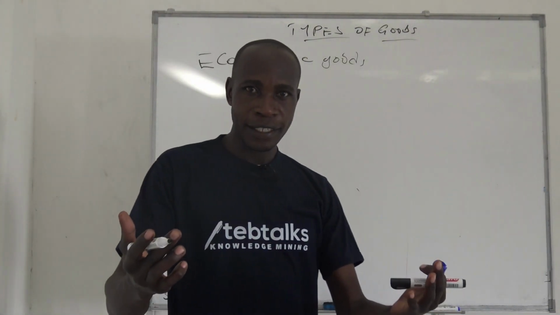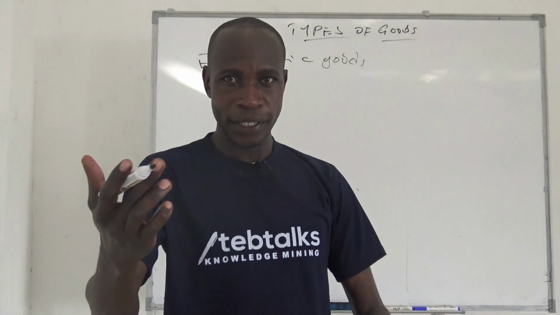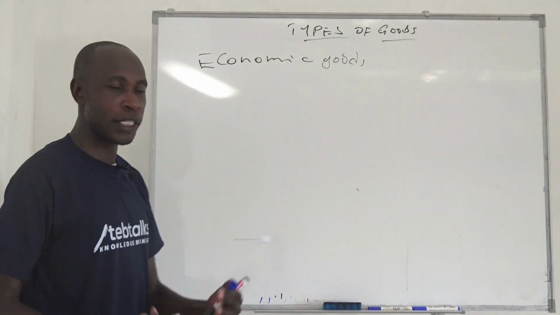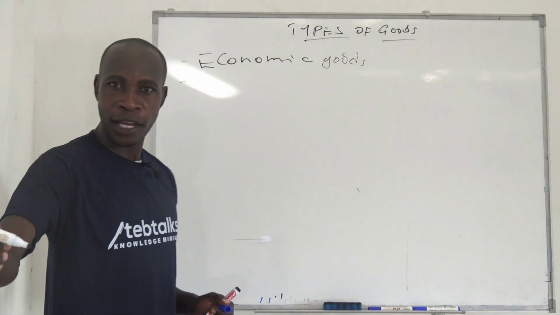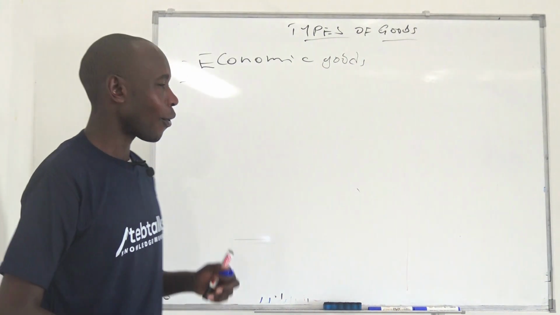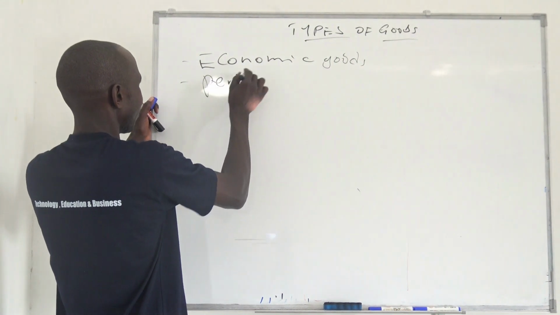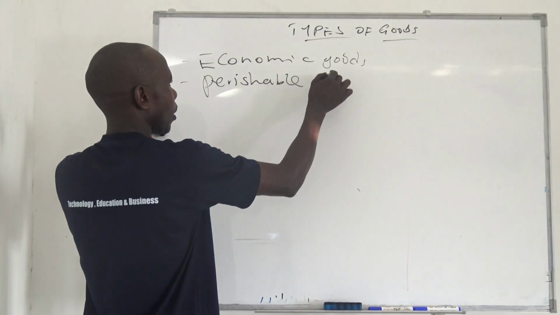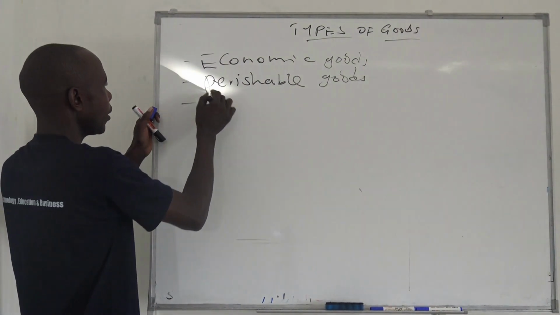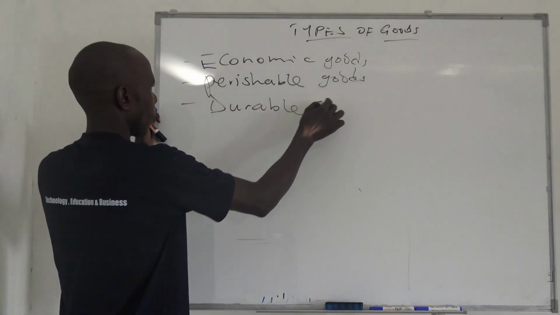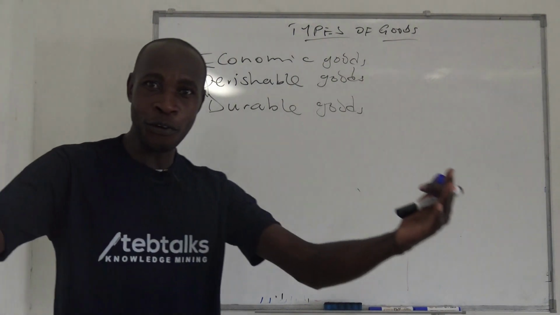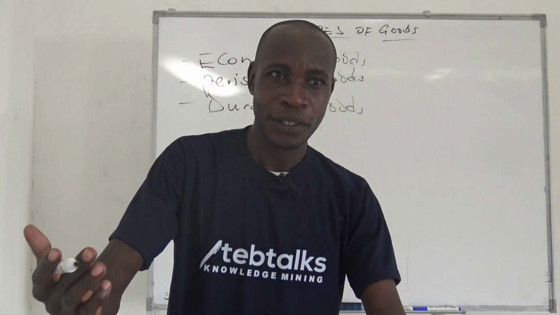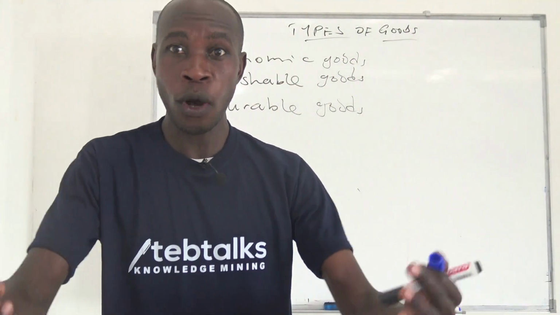We also talked about what? Yes, from this corner. Okay, perishable goods. We had durable goods. Are we together? Are all of you getting the content? I know not all of you can speak out at the same time. That's why we have to get one by one. Okay?